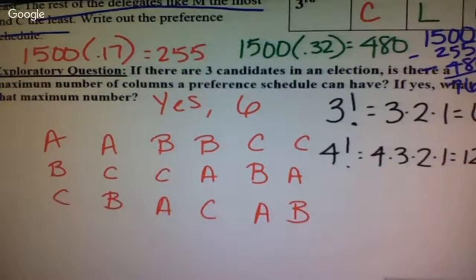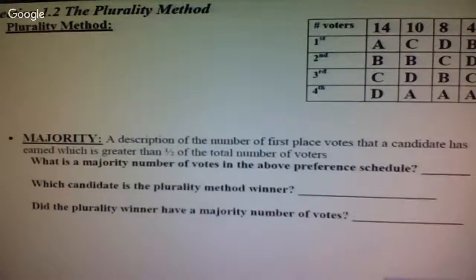All right, let's talk about your first method. Your first method is called the plurality method, or what I like to call the popular contest. Okay, this is your popular contest, which truly means most first place votes win.